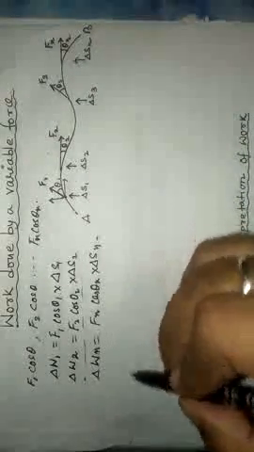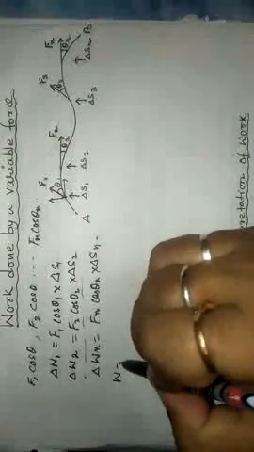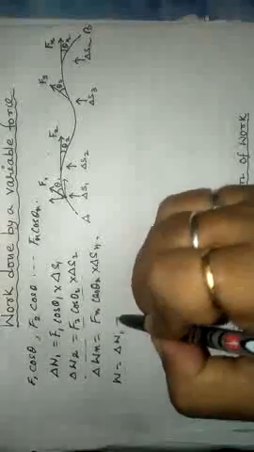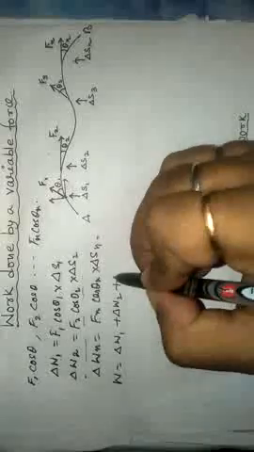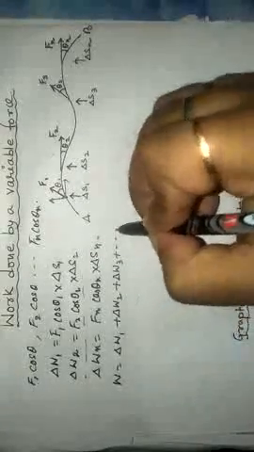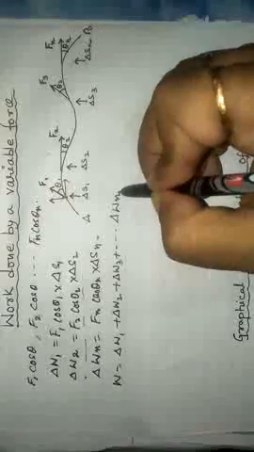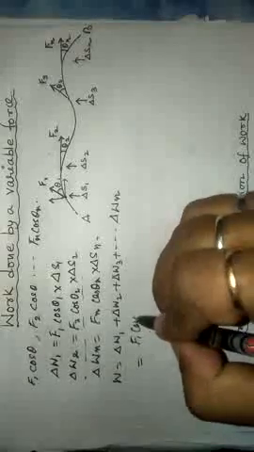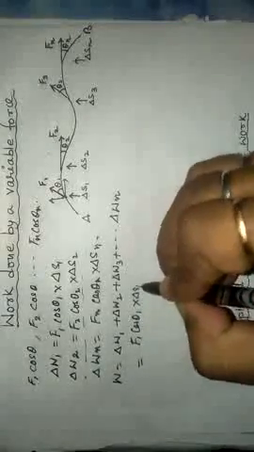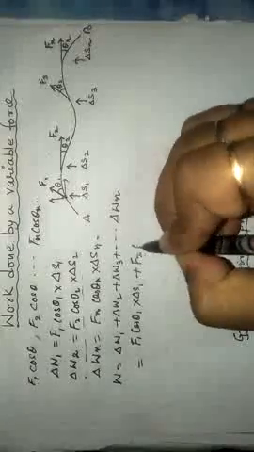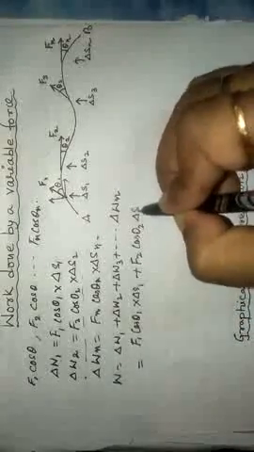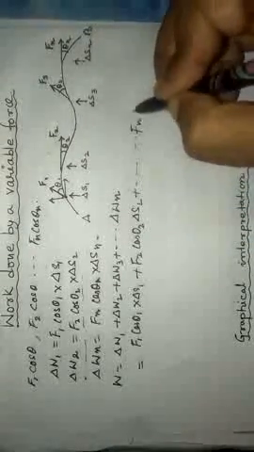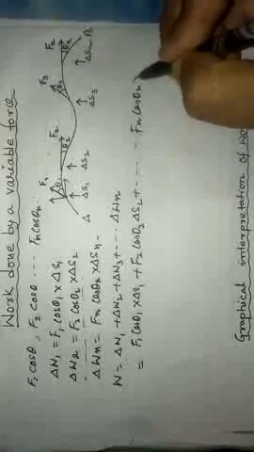Then the total work done W is given by delta W1 plus delta W2 plus delta W3 plus dot dot dot, and the last term is delta Wn. So let us put down the values now. The values will be F1 cos theta 1 into delta S1 plus F2 cos theta 2 into delta S2 plus, and the last term will be Fn cos theta n into delta Sn.